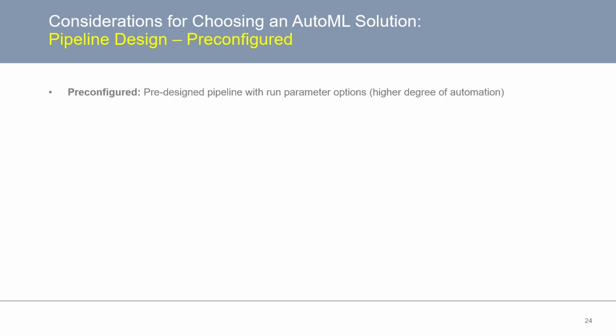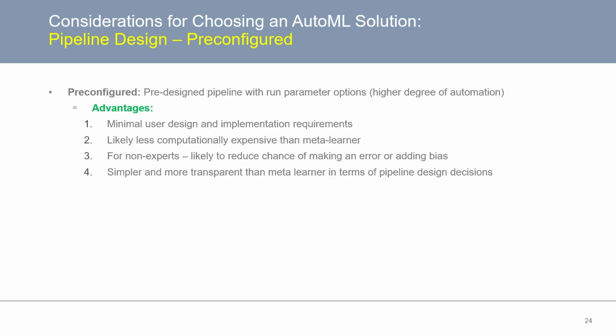Differently, a pre-configured pipeline has been pre-designed by machine learning or data science experts, and typically offers a higher degree of automation and user run parameter options for customization. The advantages of this approach is that it requires minimal user design and implementation. It's also less likely to be computationally expensive than a meta-learner, and especially for non-experts, it's likely to reduce the chance of making an error or adding bias to the pipeline or resulting models.